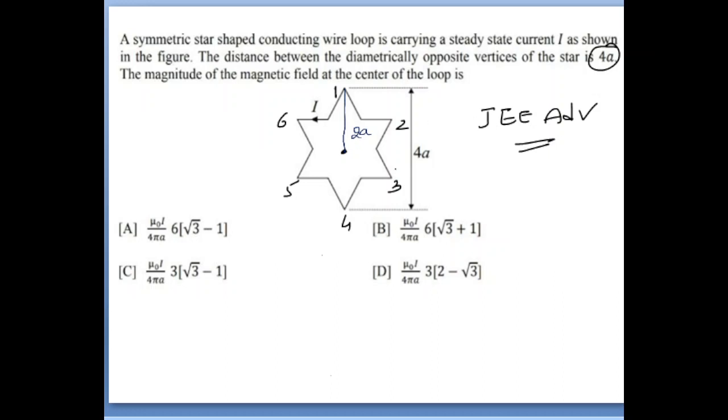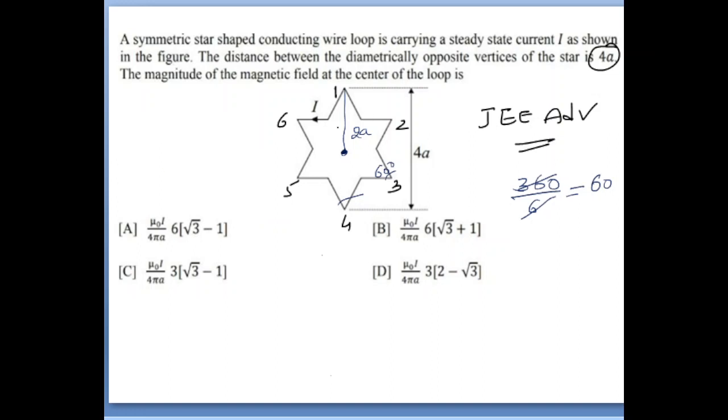One more thing, try to understand about this structure. At the center, the total angle is 360 degrees, you know this, in a loop the total angle is 360. So how much angle will each vertex have? There are 6 vertices, so every vertex angle will be 60 degrees.